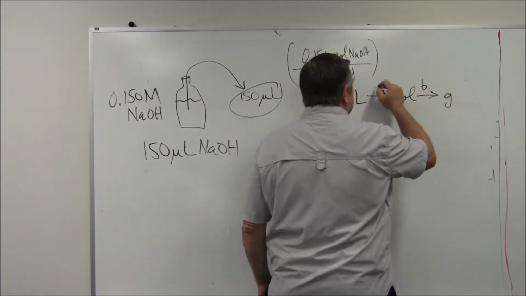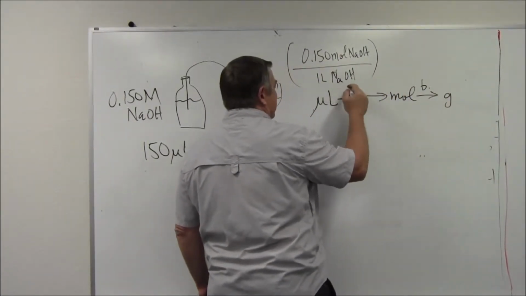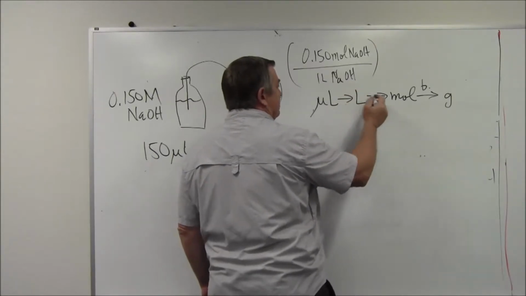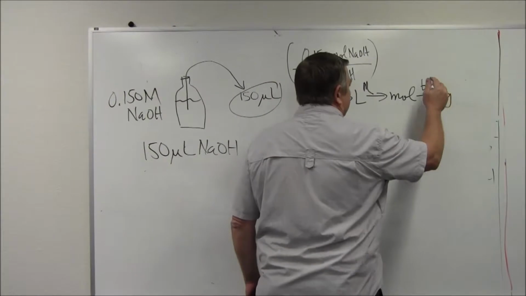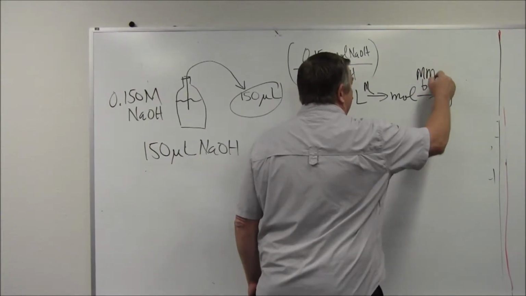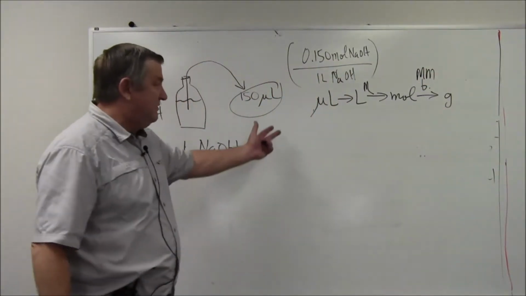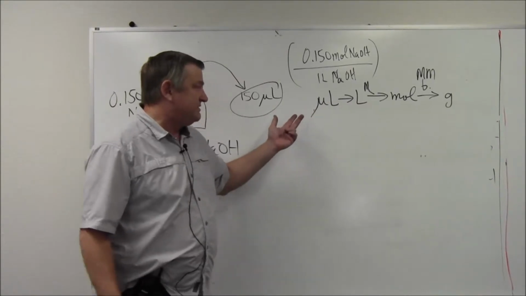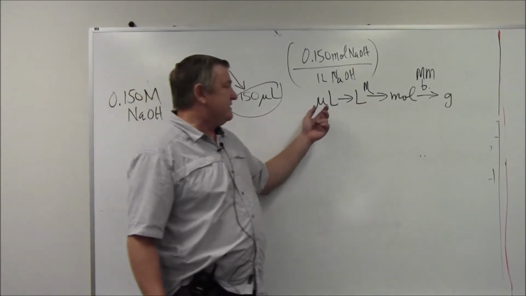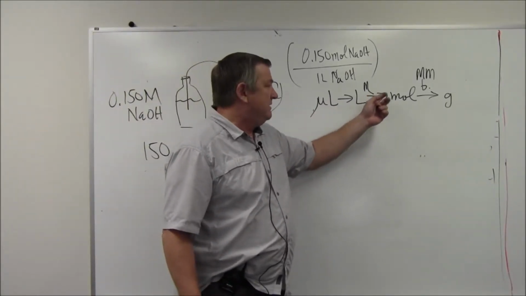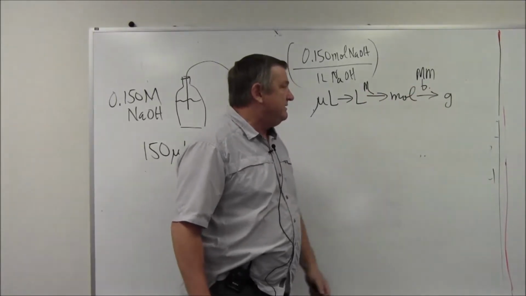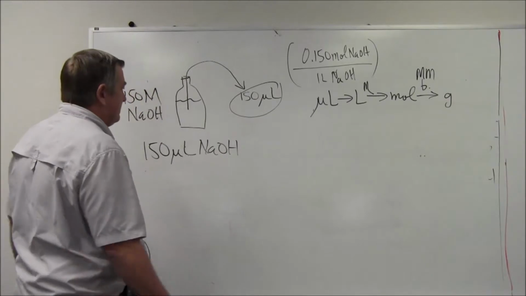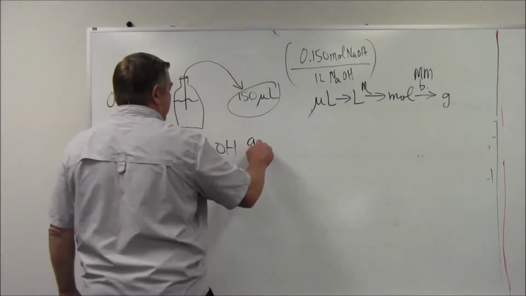This is part B and this is part A. Here I'm going to use a metric conversion, here I'm going to use molarity, and here I'm going to use molar mass. That's a nice flow for dimensional analysis in solution. You can always go volume to moles with molarity, and then if you want to go to grams, you just multiply by molar mass. So let's do part A first.